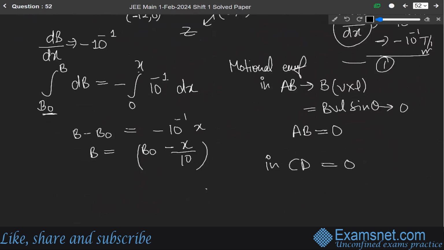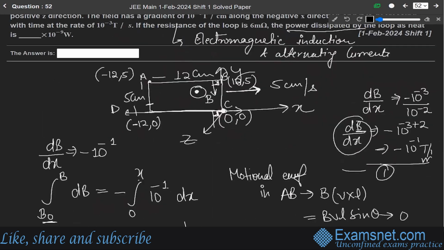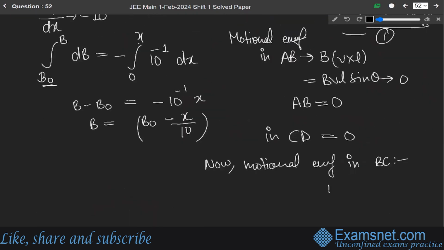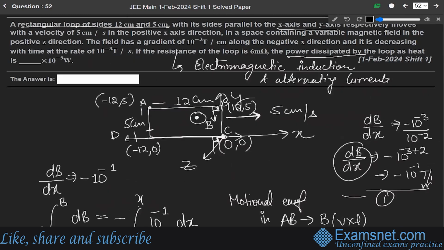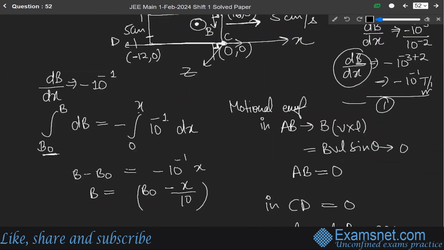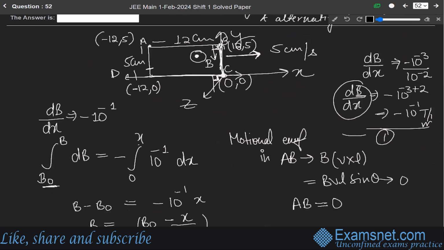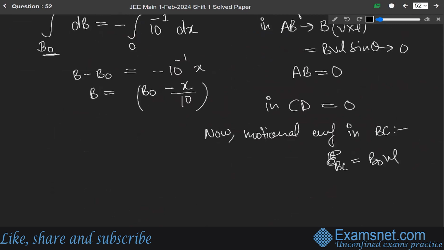Now the motional EMF in BC will be B naught VL. Since we are seeing when X is 0, the magnetic field is B naught, means in BC we consider the magnetic field as B naught. So the motional EMF will be B naught VL.